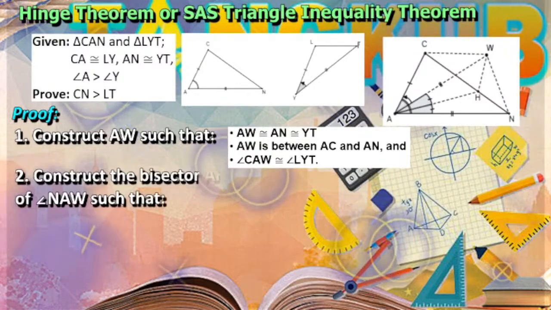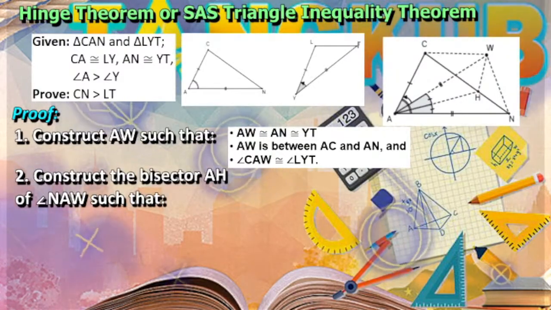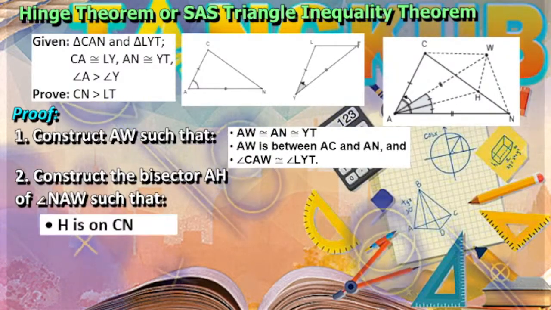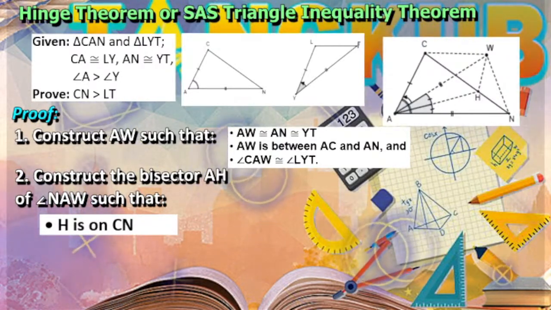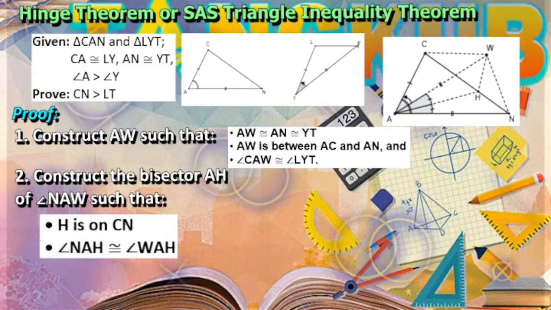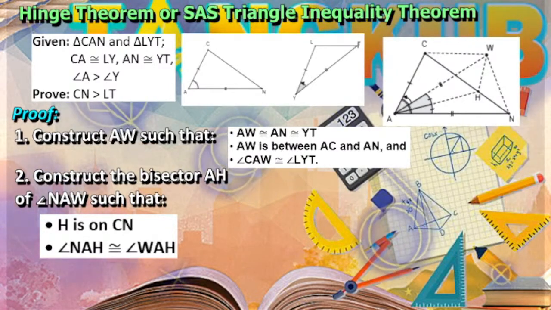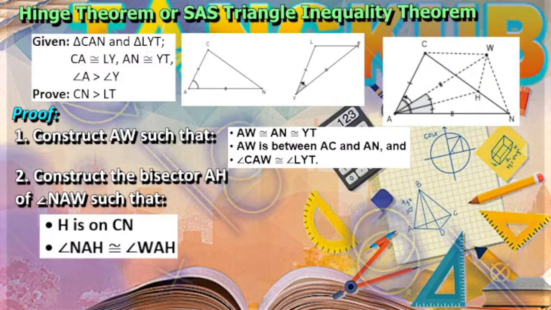Second, construct the bisector AH of angle NAW such that point H is on side CN and angle NAH is congruent to angle WAH.